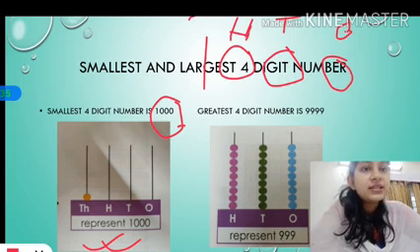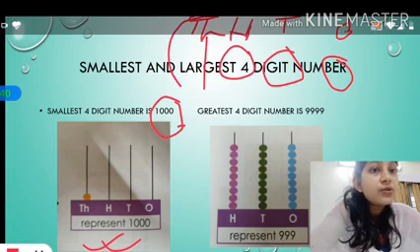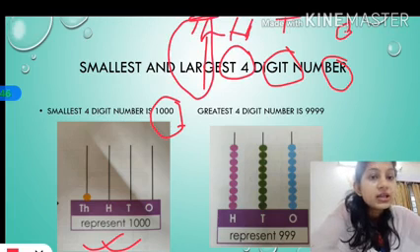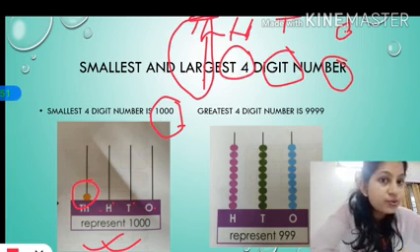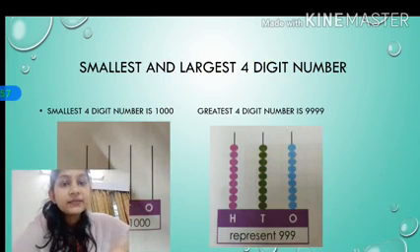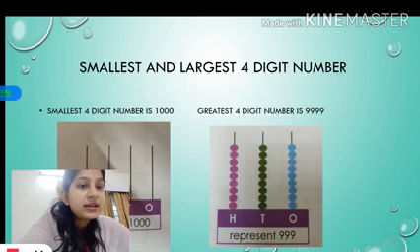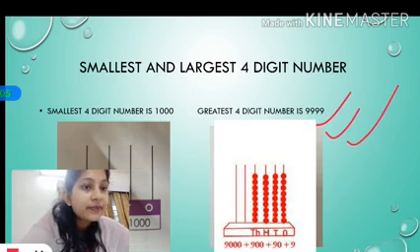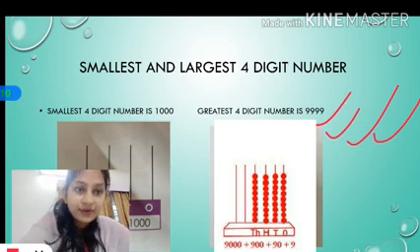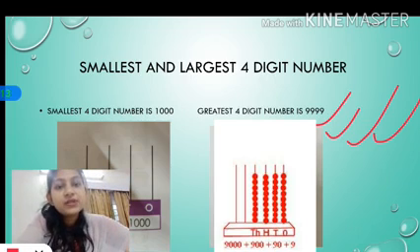And then comes thousands. In the thousands place 1 is there. Like that we are going to write here also, 0 0 0 0. In the 1000 place 1 bead is there. So it formed 1000. Now the greatest 4-digit number is 9999. See here, 9 beads here, 9 here, 9 here, 9 here. This forms the largest 4-digit number.